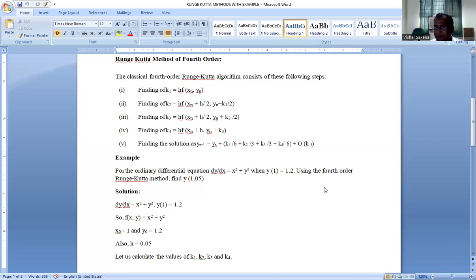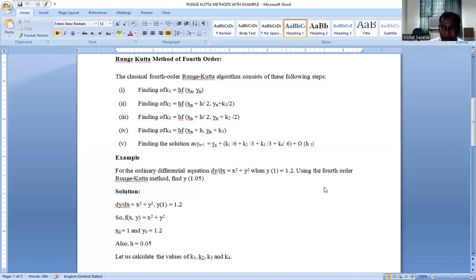First, dy by dx means it is equal to f(x, y). So f(x, y) is given as x square plus y square, and x naught equal to 1 while y naught equal to 1.2. So it is 1 and 1.2, and h is taken as 0.05.